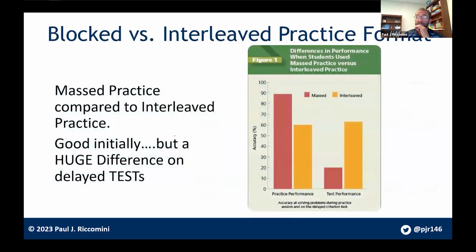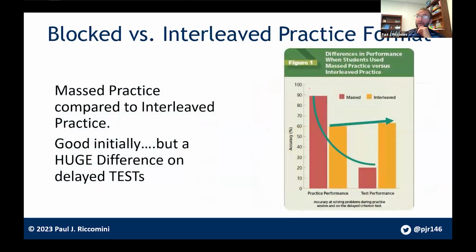Some very specific data. I like showing this because it really shows what happens. If you test the kids right after a whole bunch of block practice, they're going to do better than interleaving in the short term. But as you go out in time, you see that the block practice evaporates. It just completely evaporates.